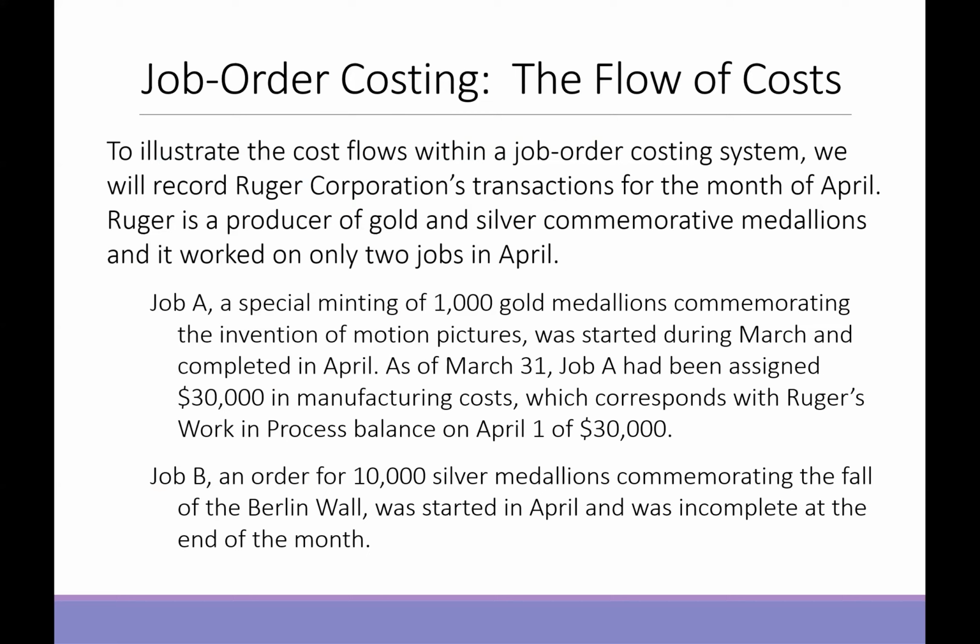Then there's Job B. That was an order for 10,000 silver medallions commemorating the fall of the Berlin Wall, which started in April and was incomplete at the end of the month.